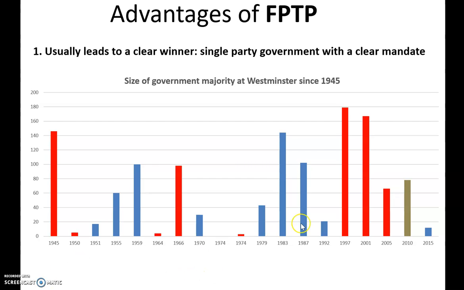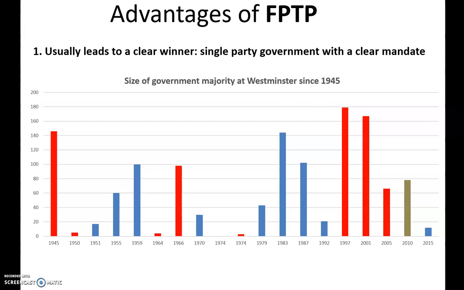So, for example, in 1997, the Blair government had just under a 180 majority. What that means is that they got 650 divided by 2, which formed the majority, plus an extra 179. So they had a really big majority in that parliament, and again they did in 2001.